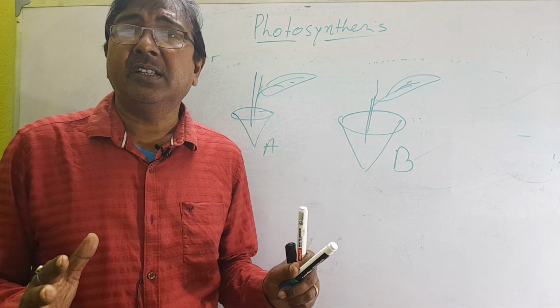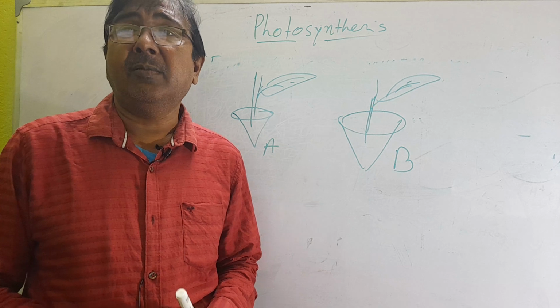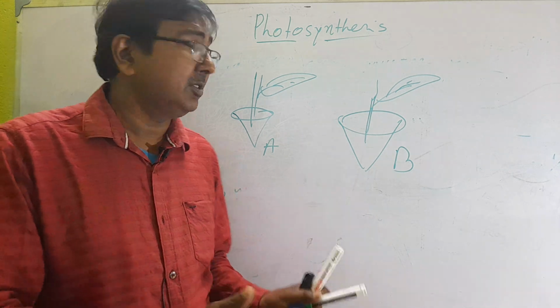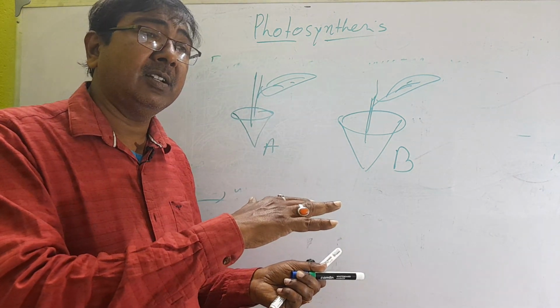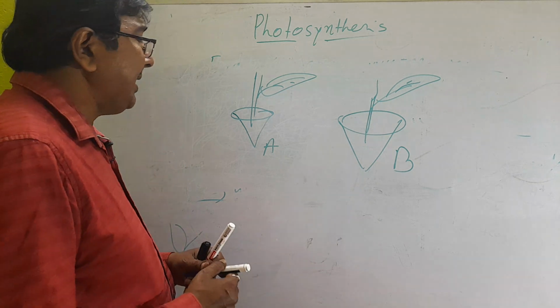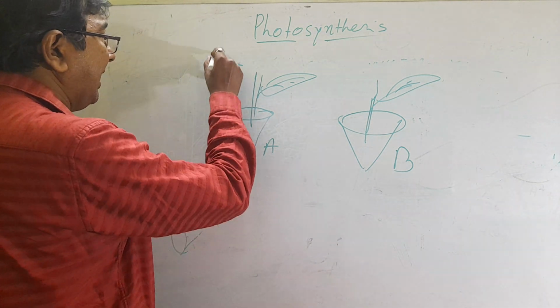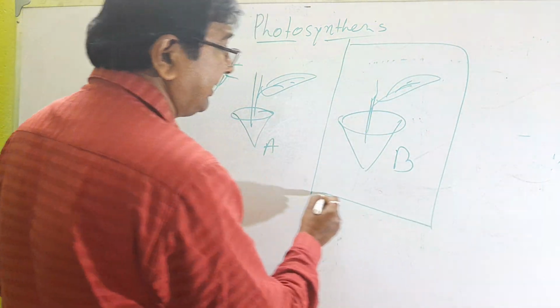put them for 48 hours to destarch the leaves. Put A and B both in a dark room for 48 hours to destarch the leaves. Now A is placed in sunlight and B is kept in the dark room again.